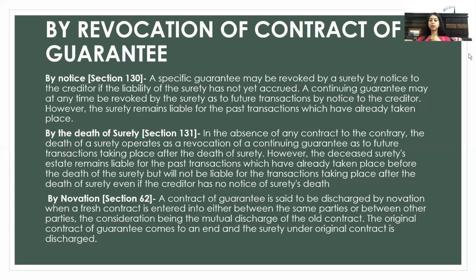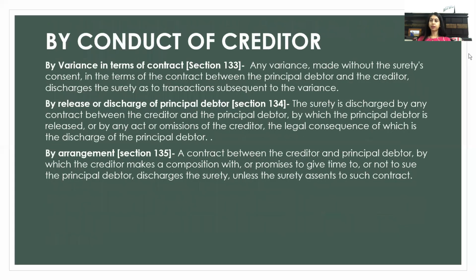The consideration is the mutual discharge of the old contract. The original contract of guarantee comes to an end and the surety under the original contract is discharged. With the making of a new contract, the surety will be discharged.